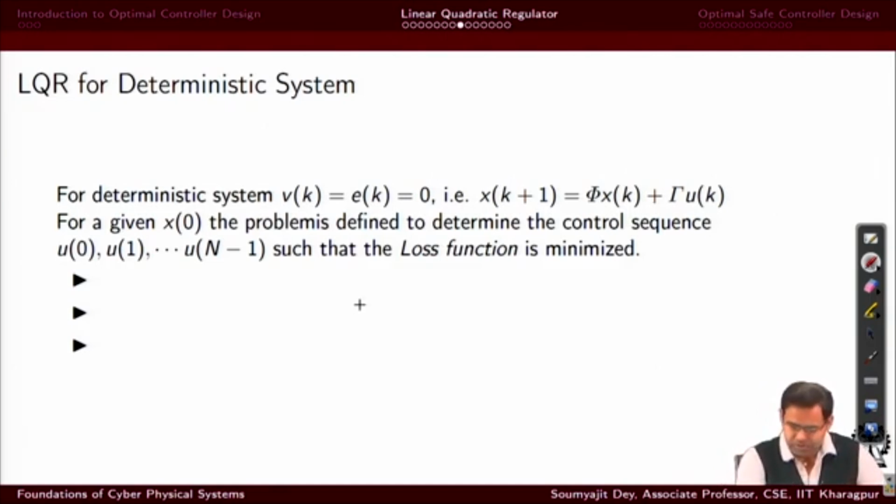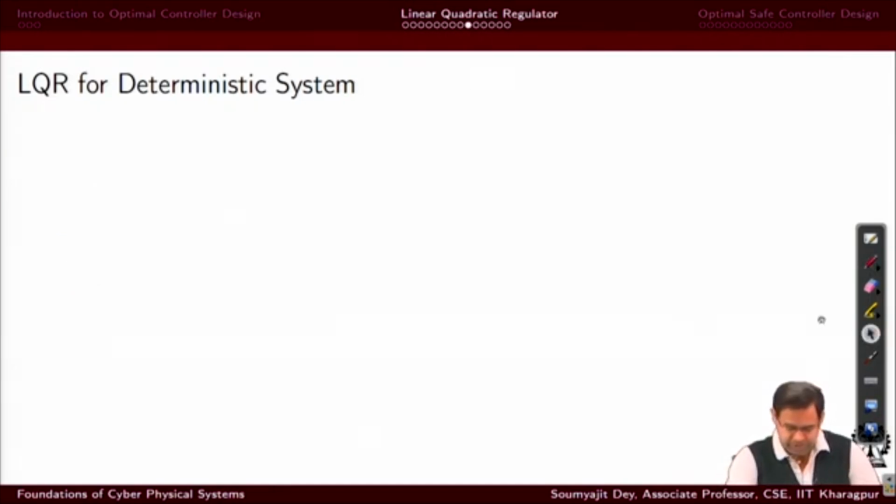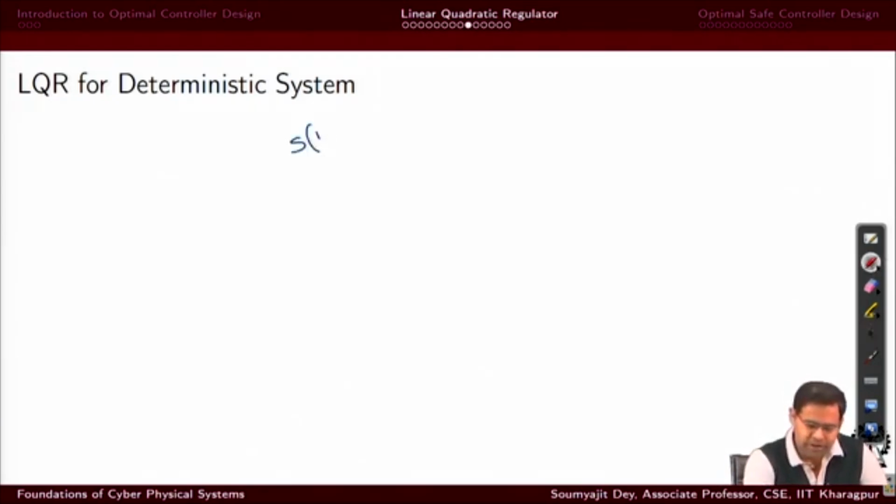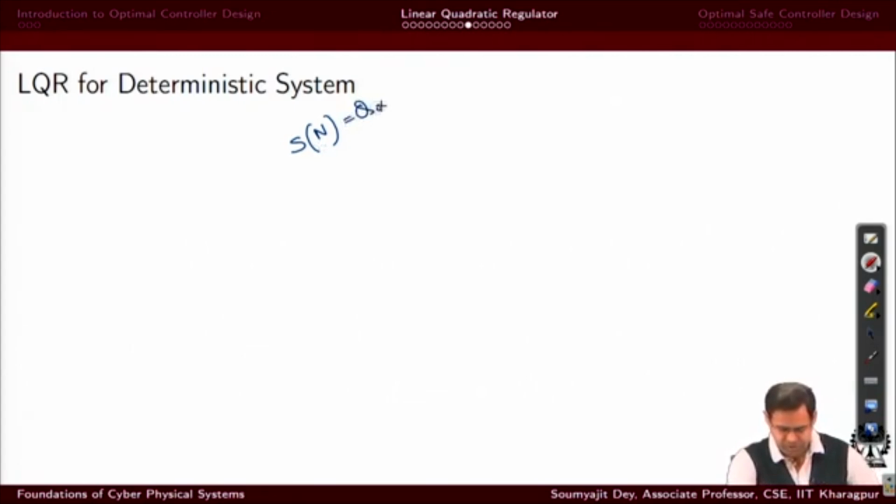What we will do is first assume some component Sn here. That means it is some value of a function S at the nth step, and let that be q0, which is equal to some parameter wx here.